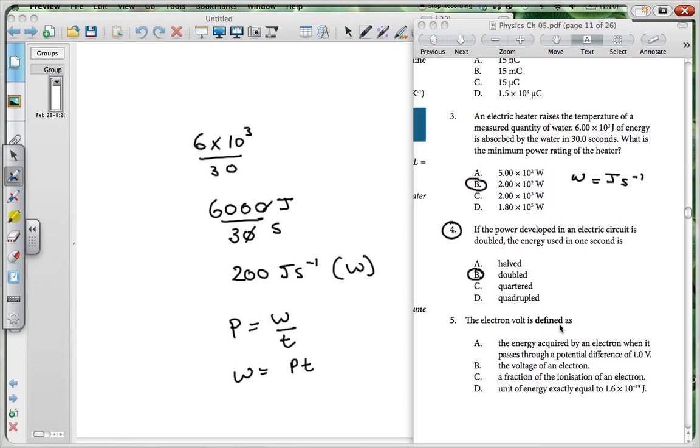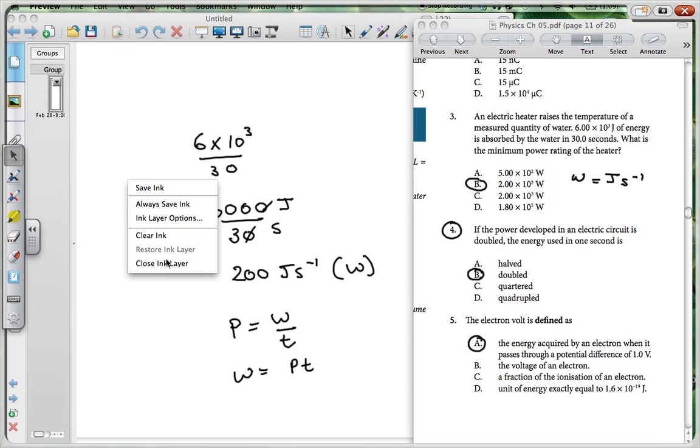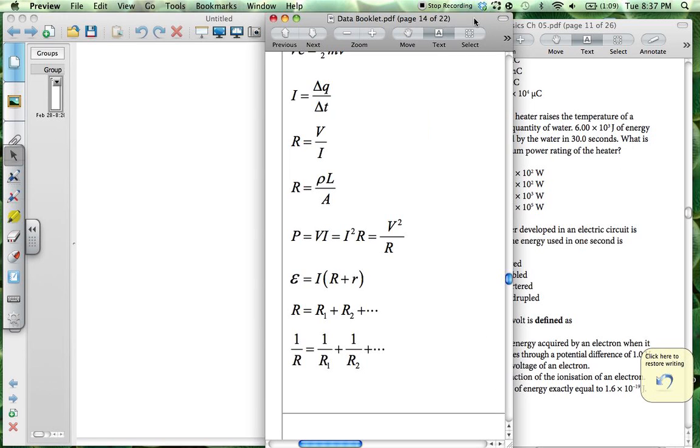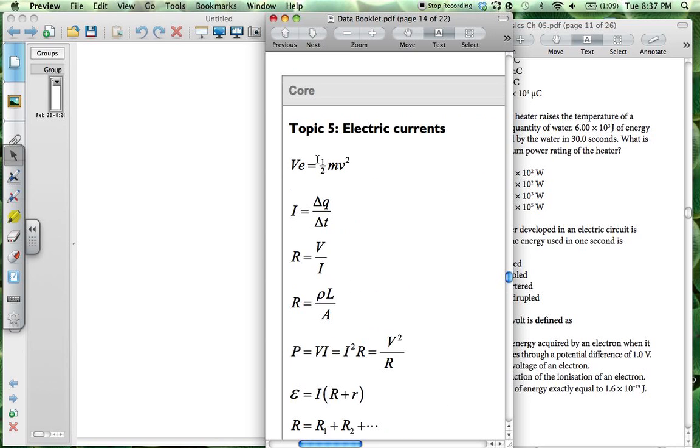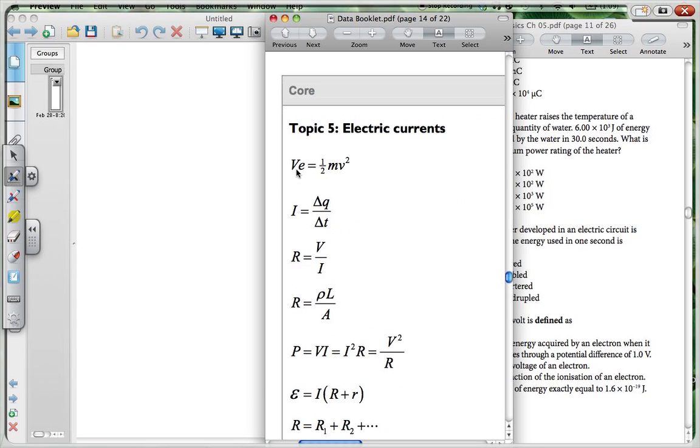The electron volt is actually defined as A, the energy acquired by an electron which passes through a potential difference of 1 volt. We get this from our formula here, where the definition for a volt or potential difference is work done per unit charge.